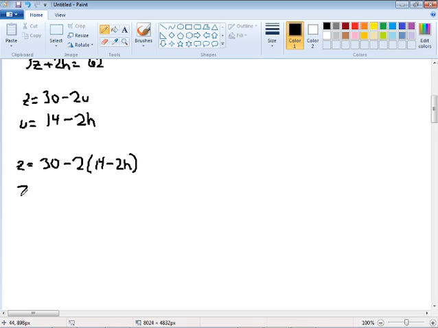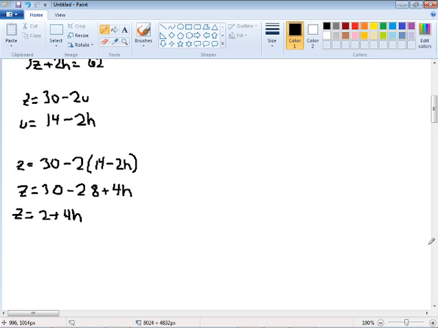Z is equal to 30. Well, negative 2 times 14 is negative 28. Negative 2 times negative 2H is positive 4H. 30 minus 28 is 2. So Z is equal to 2 plus 4H.